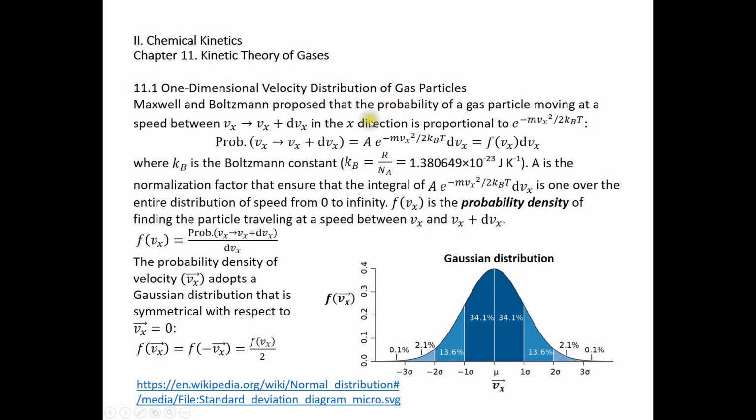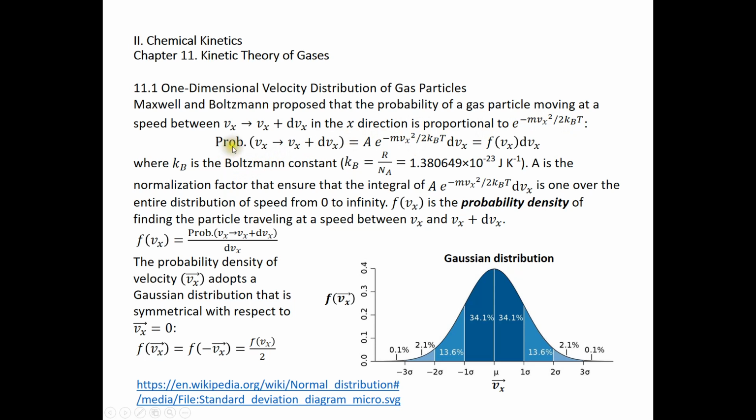Maxwell and Boltzmann proposed that the probability of a gas particle moving at a speed between Vx and Vx plus dVx is proportional to an exponential function, e to the power of negative kinetic energy in the x direction over kBT. The kinetic energy is half mVx squared in this x direction.